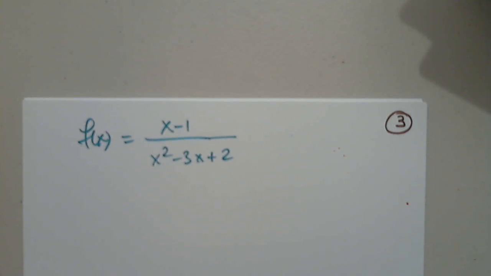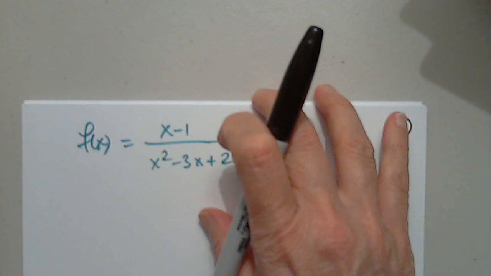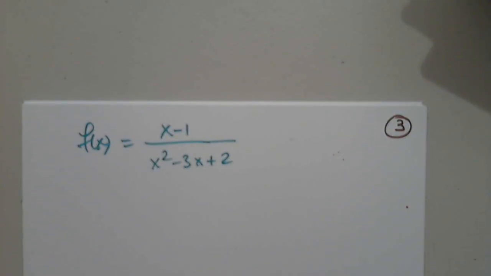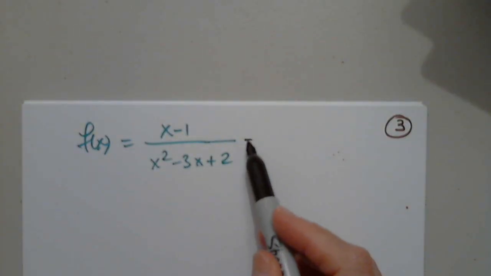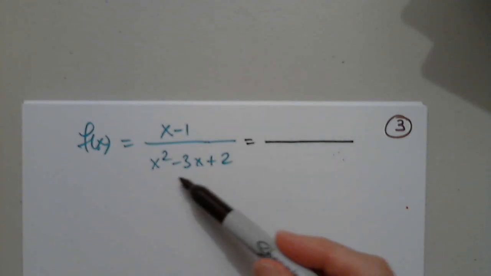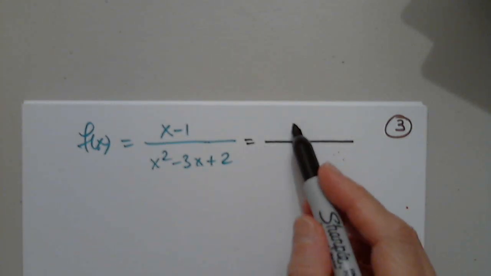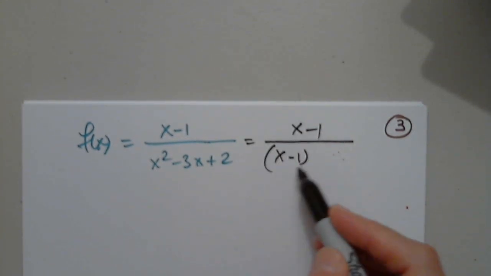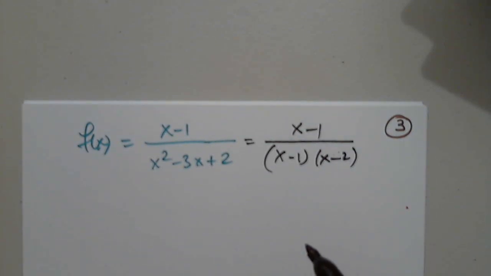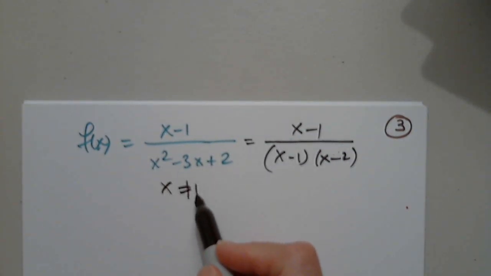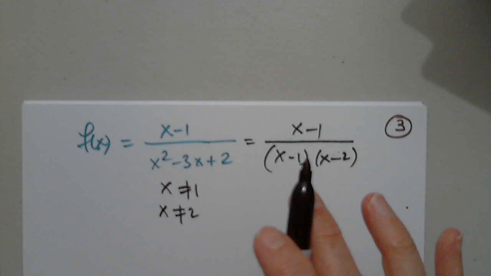So, first of all, in order to identify, I wasn't asking for limits, just for this example. First of all, we have to identify or realize that the denominator factors into x minus 1 and x minus 2. So x cannot be 1 and x cannot be 2 for sure.